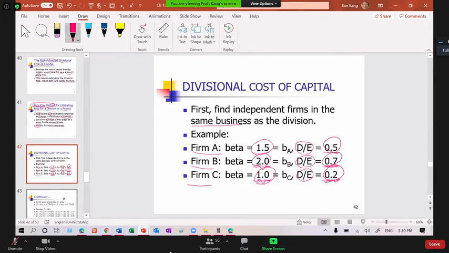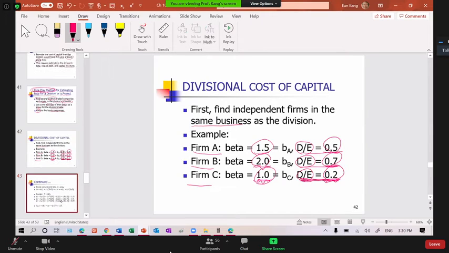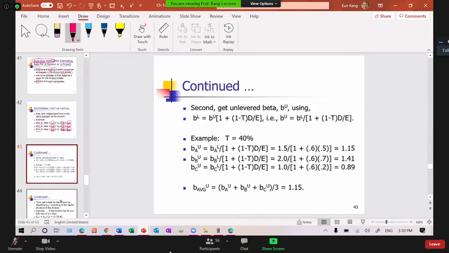So to get only business risk, you have to unlever. This is leverage, right? You have to unlever to get the unlevered beta, BU. BU means beta, but unlevered means 100% equity beta. The formula is like this.